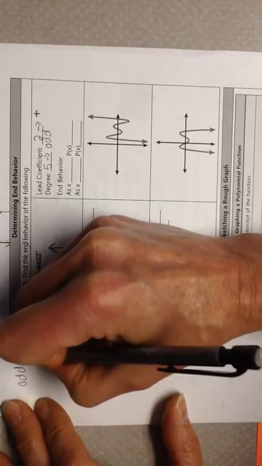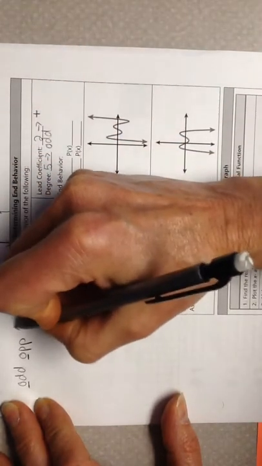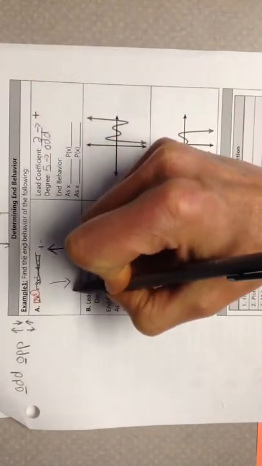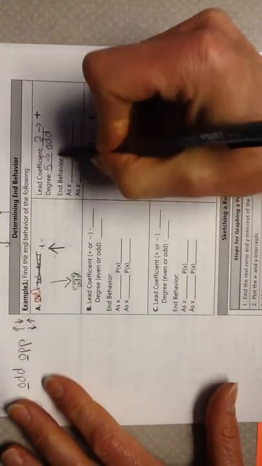So over here, we're just going to write odd, opposite. So O and O. So it's either going to be up and down or down and up. And since this one was positive on the right, the right side tells if it's positive or negative. This one tells if it's even or odd. Once we have those arrows, then all we need to do is say the end behavior.